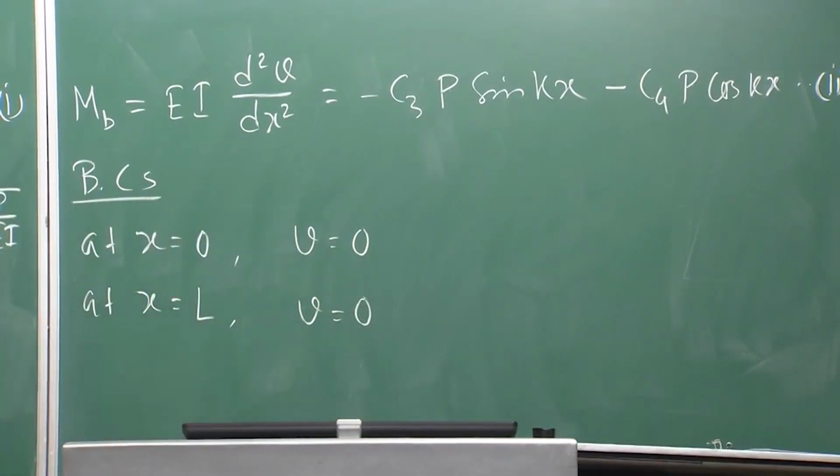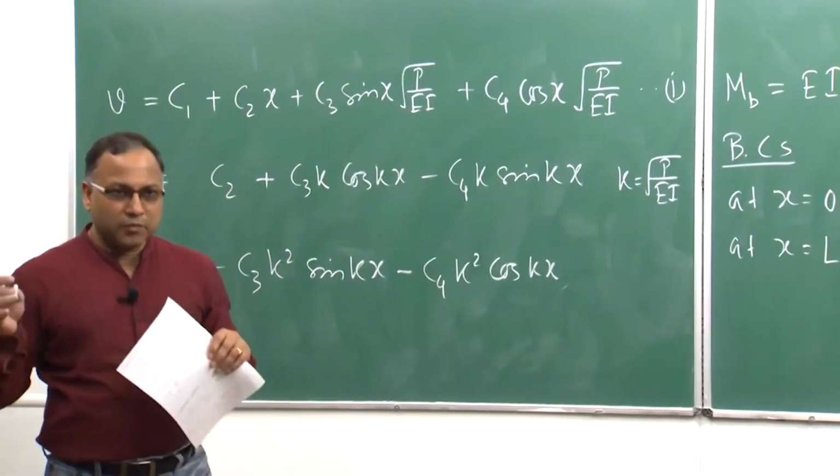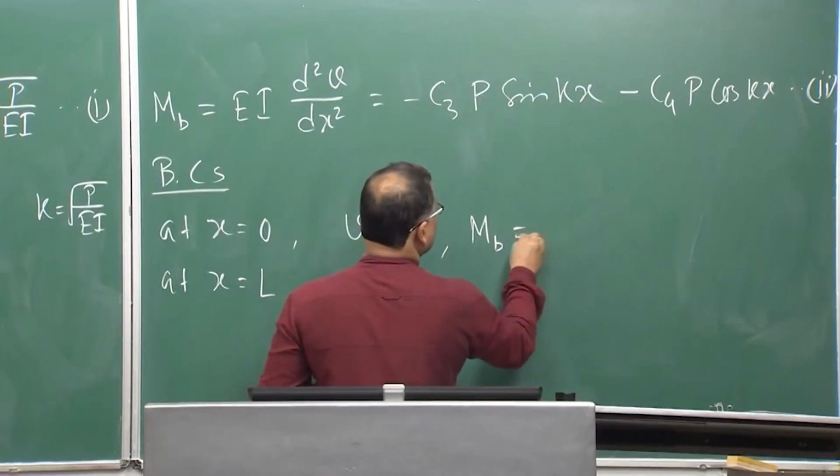Now, what about the bending moment? Because both ends are hinged, there cannot be any bending moment, so M_B is also 0.